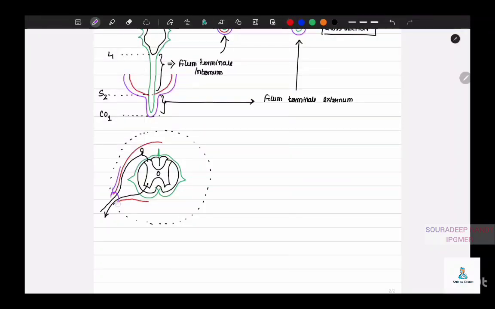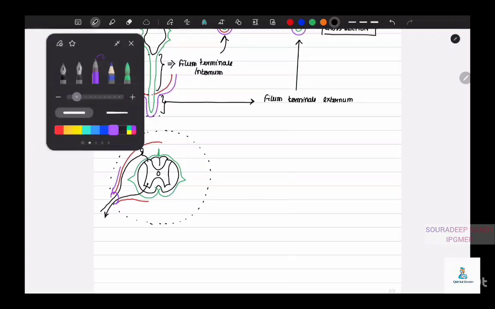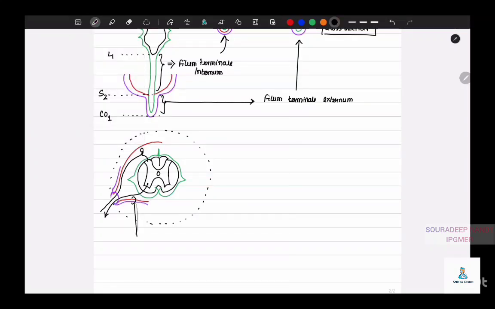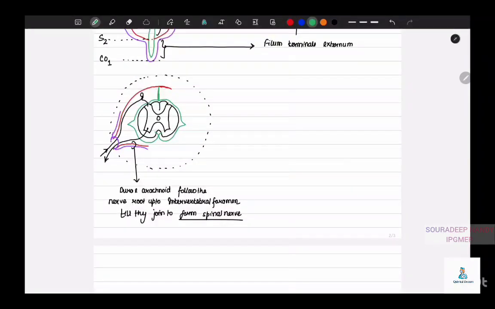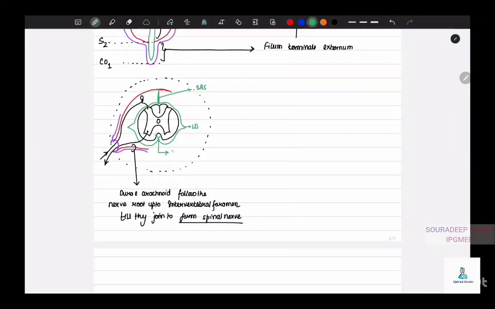Both the roots take the dura and the arachnoid matter with them, and the dura and arachnoid matter follow the nerve root up to the intervertebral foramen till they join to form the spinal nerve. So the meninges is present up to the intervertebral foramen.